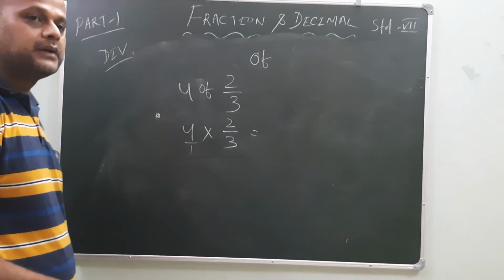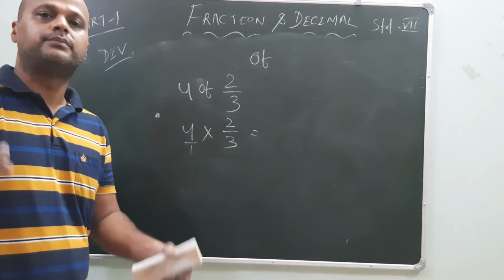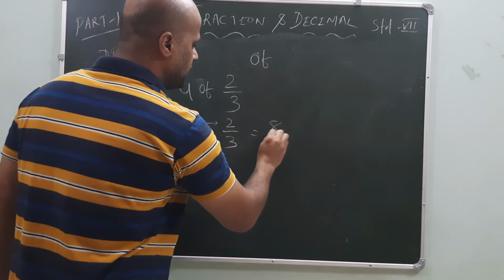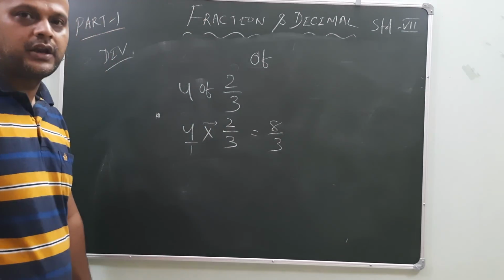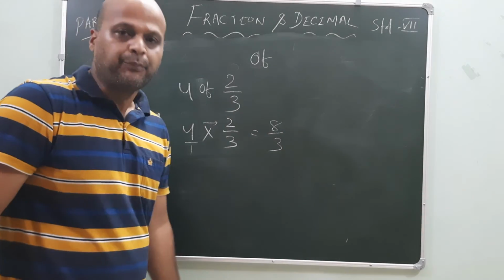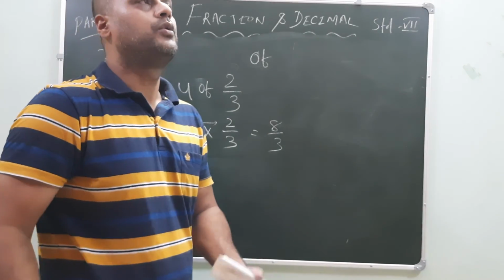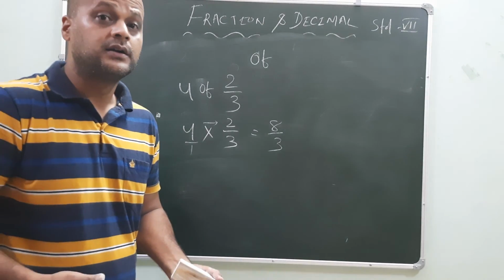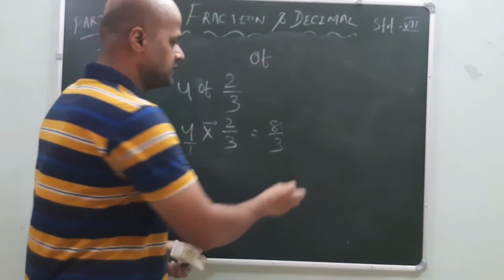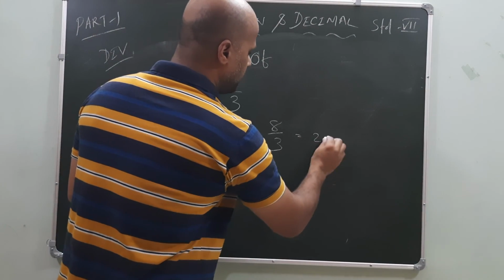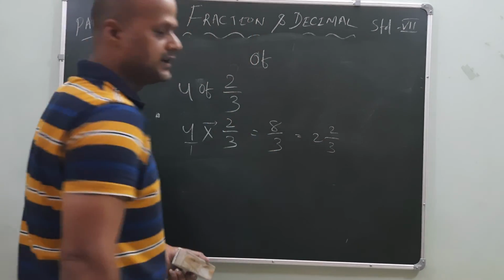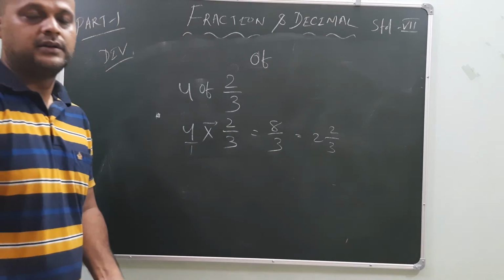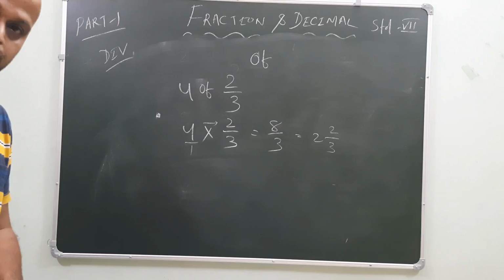We know that any number divided by 1 is that number only. So multiply these two: 4 times 2 is 8, so 8 by 3. Is it a proper or improper fraction? It is an improper fraction. If it is improper, what is the rule saying? You have to convert it into a mixed fraction. So how much? 2 whole 2 by 3. Yes or no? 3 2s are 6, 6 plus 2 is 8, over 3. Understood? Okay.